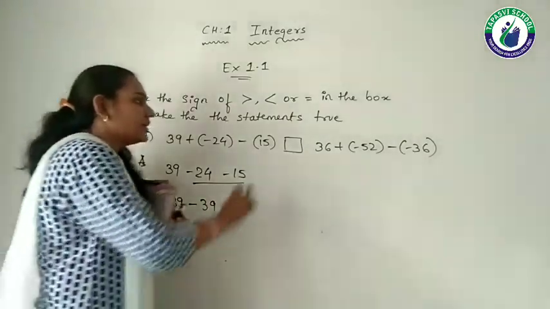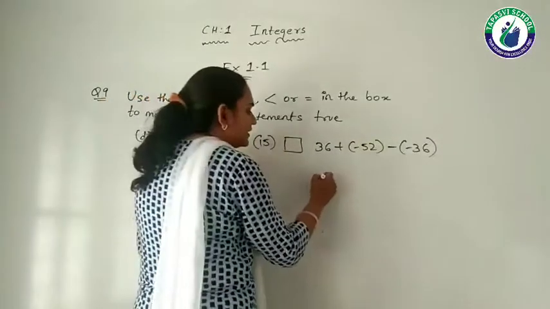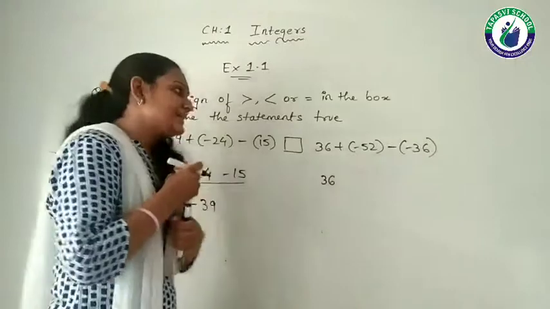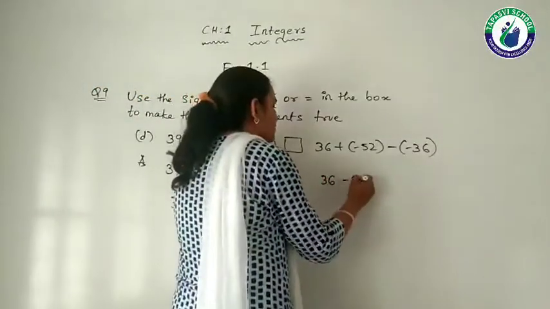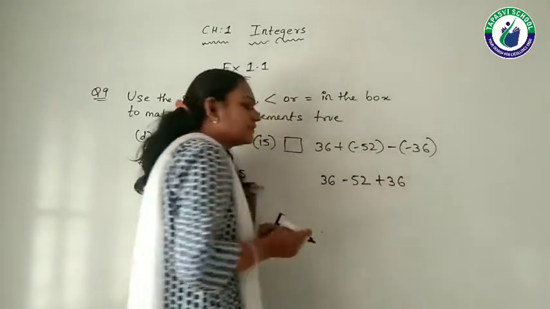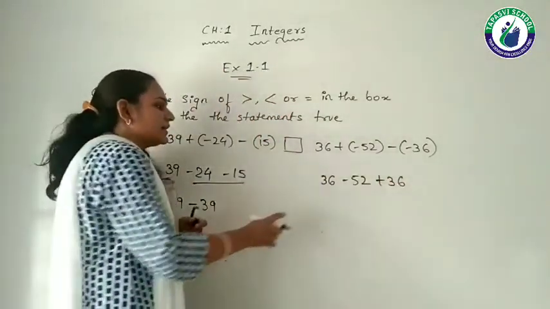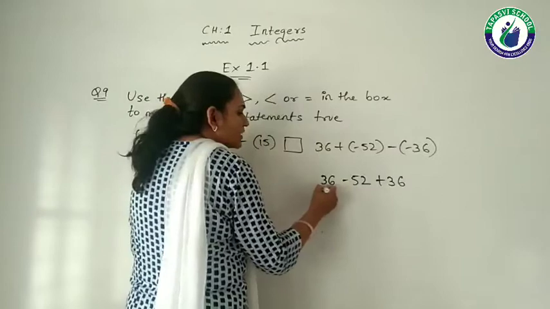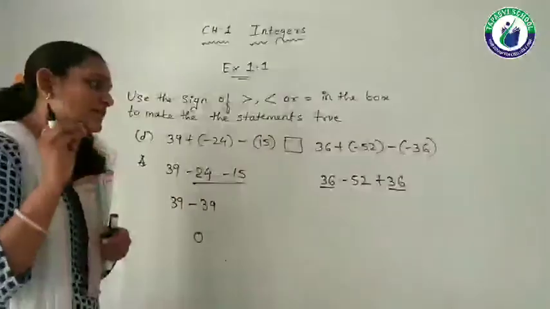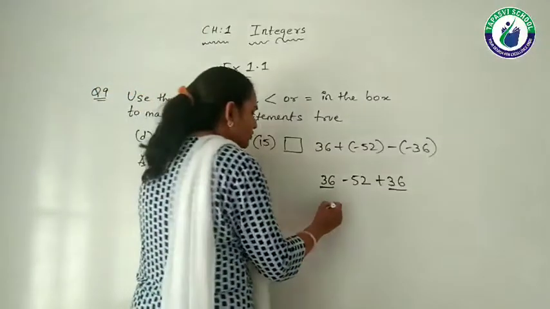Clear, students? Now moving to the right hand side, 36 plus minus, it's minus 52, minus it's plus. Is it okay, students? Now see, 36 and 36, I am going to add them. So 36 and 36 becomes 72.